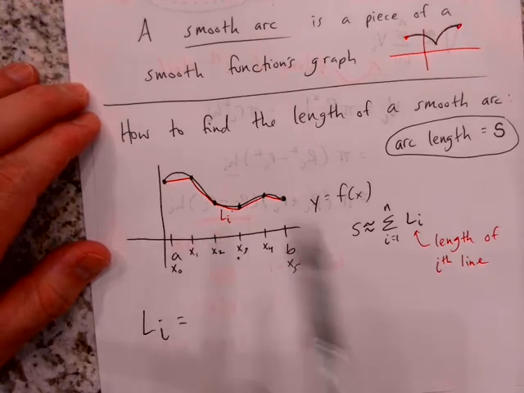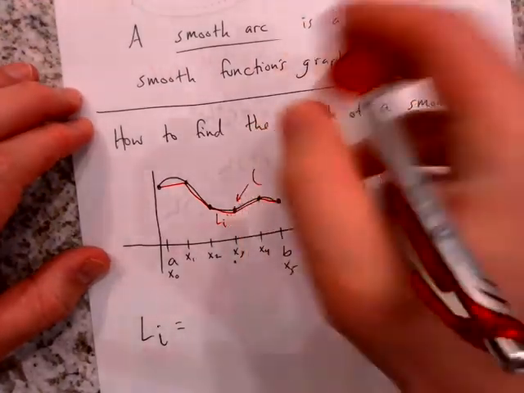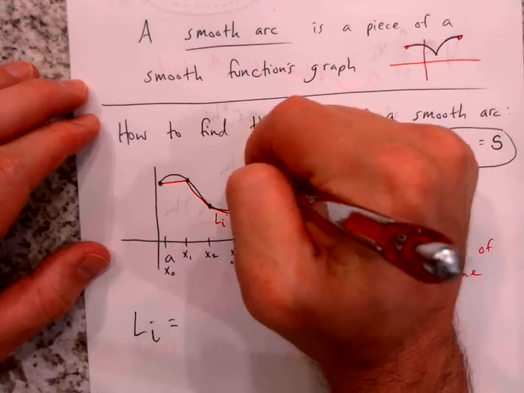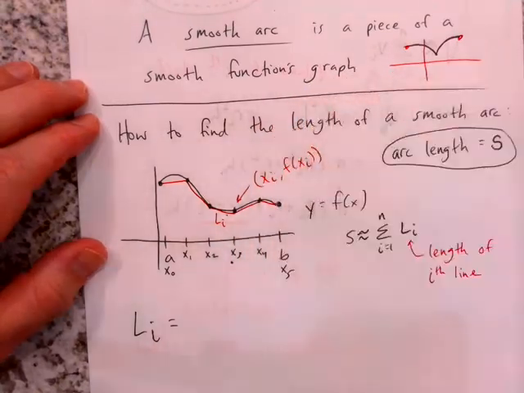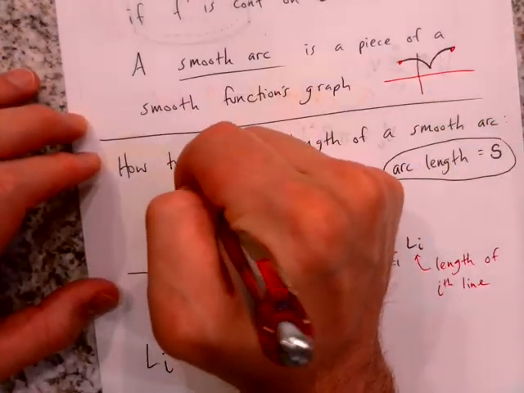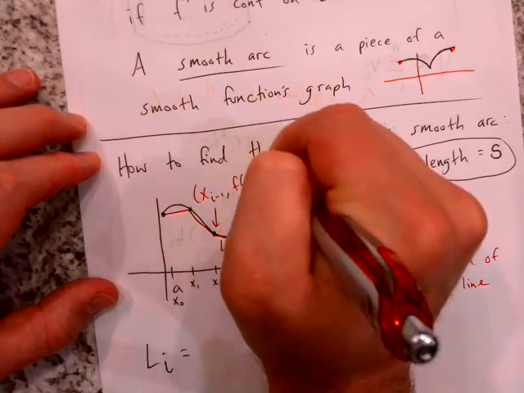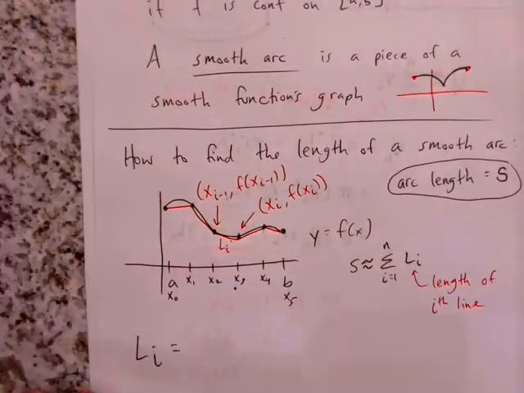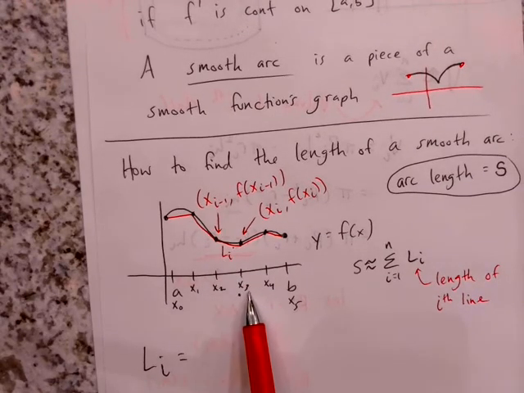In general, the ith line segment ends at the ith point and begins at the (i minus 1)th point.